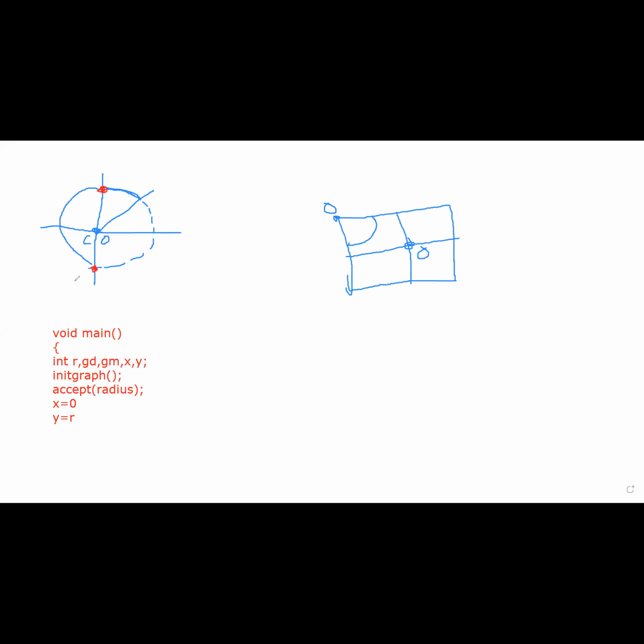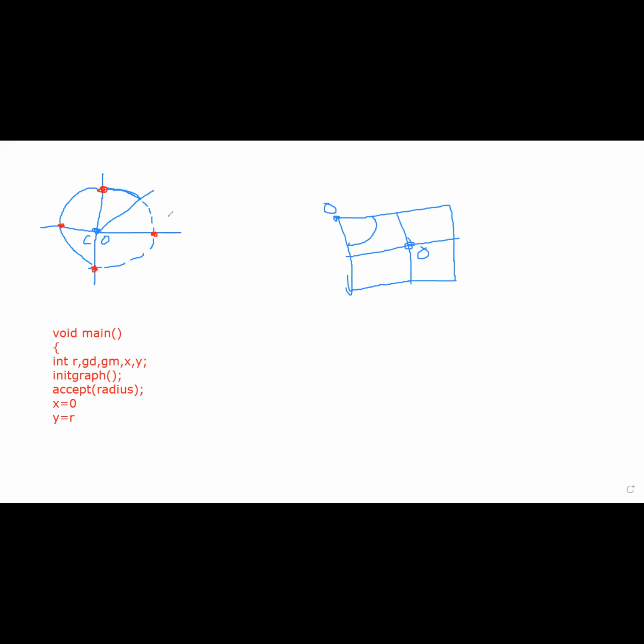Then (r, 0). Whenever I replace x by y and y by x, I get (r, 0) as this particular point. Then (minus r, 0), which is just the minus value, gives this point.